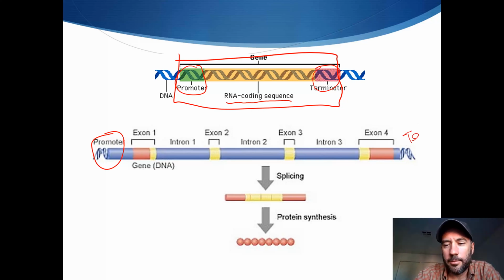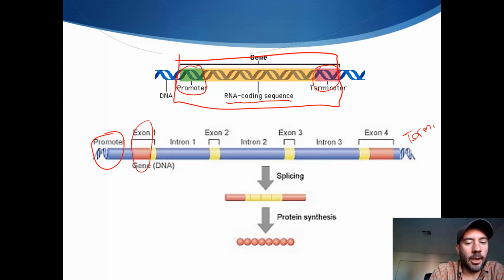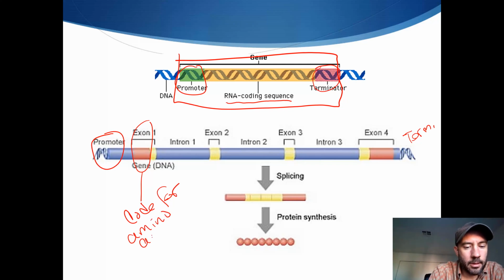Boy, that's terrible. That says TERM period, sorry. Within the coding sequence, there are still non-coding regions called introns, okay? These exons code for amino acids, and amino acids are the building blocks of proteins.